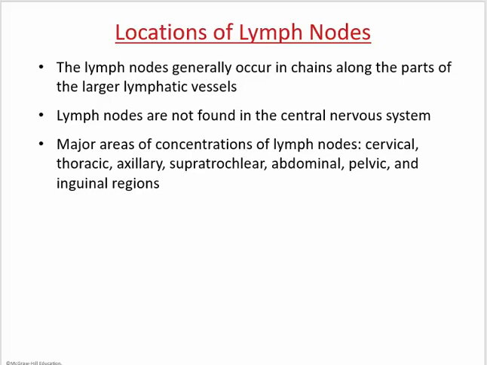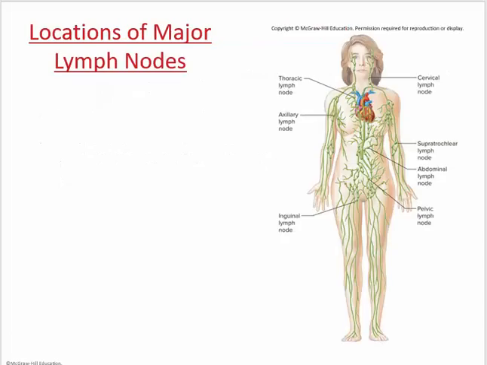Inguinal is in your groin area. There's also often some around the elbow, sometimes around the knees. The biggest ones are the inguinal, the abdominal, the axillary, and cervical.